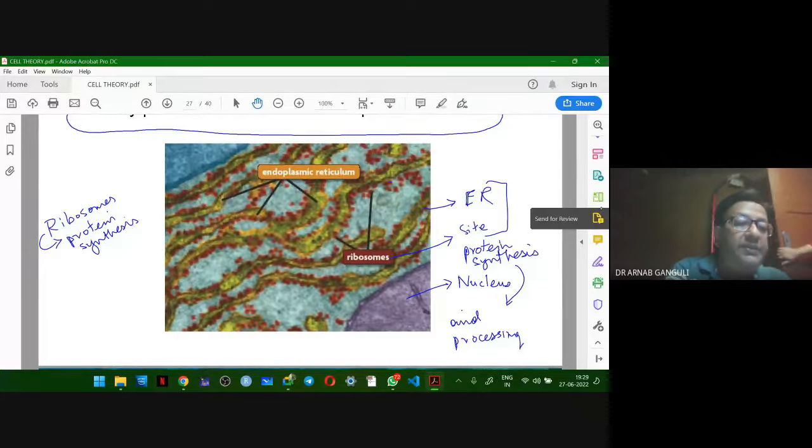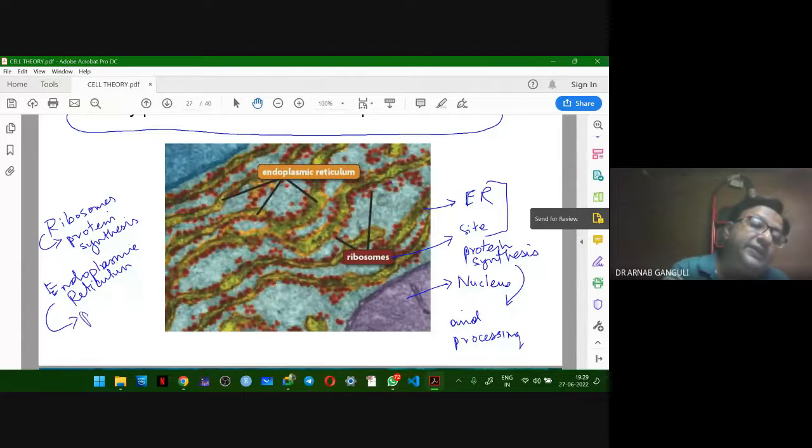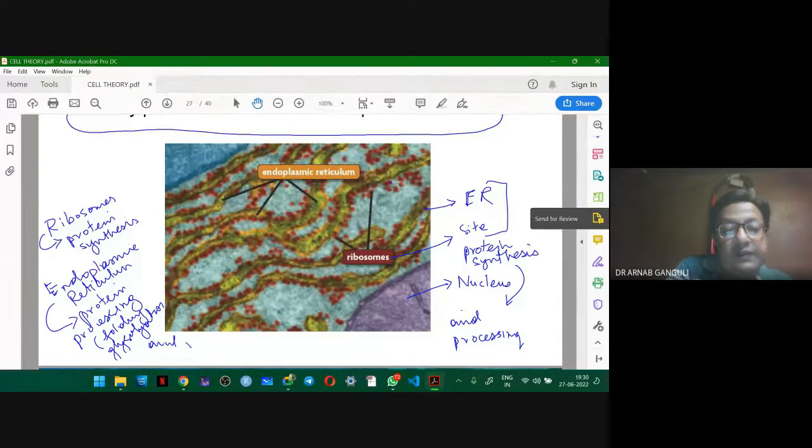And in the endoplasmic reticulum, protein processing, folding, glycosylation and various other modifications take place.